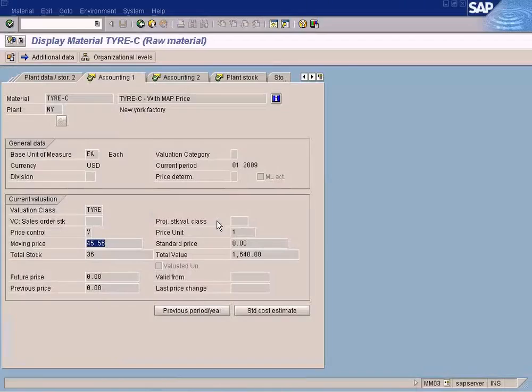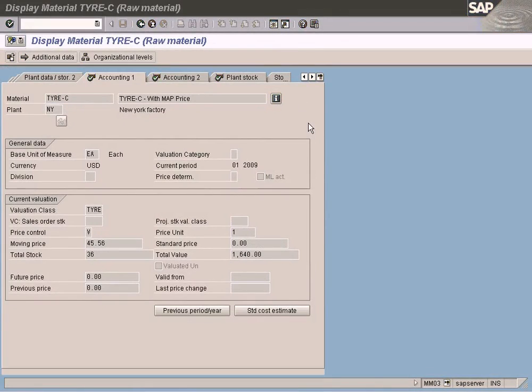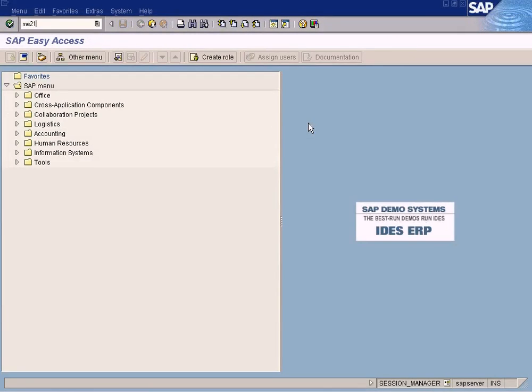I'm going to create a purchase order, ME21N.